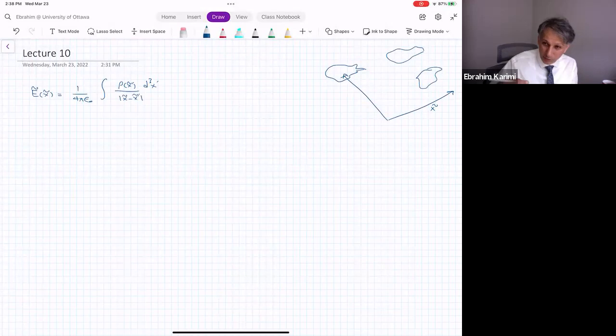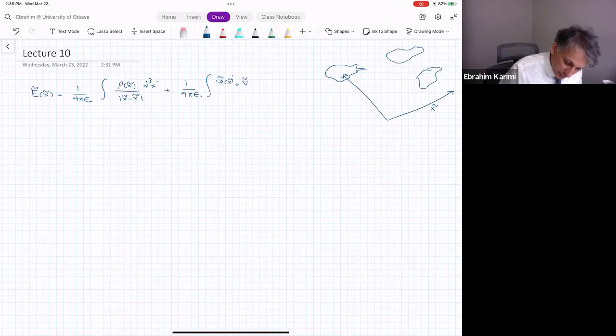And from the approximation we had another contribution, which was 1 divided by 4 pi epsilon 0 integral of, if I'm not wrong, P of x prime dot, there is something missing which I will correct later on, 1 divided by x minus x prime, d3x prime.